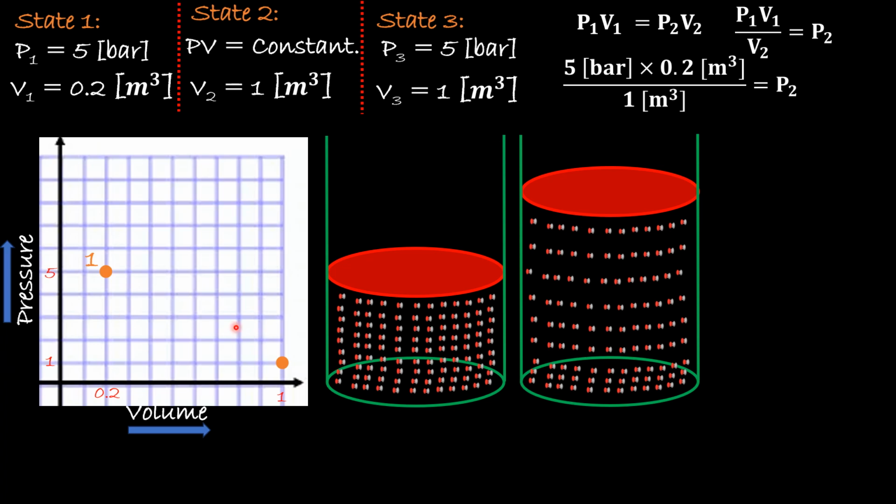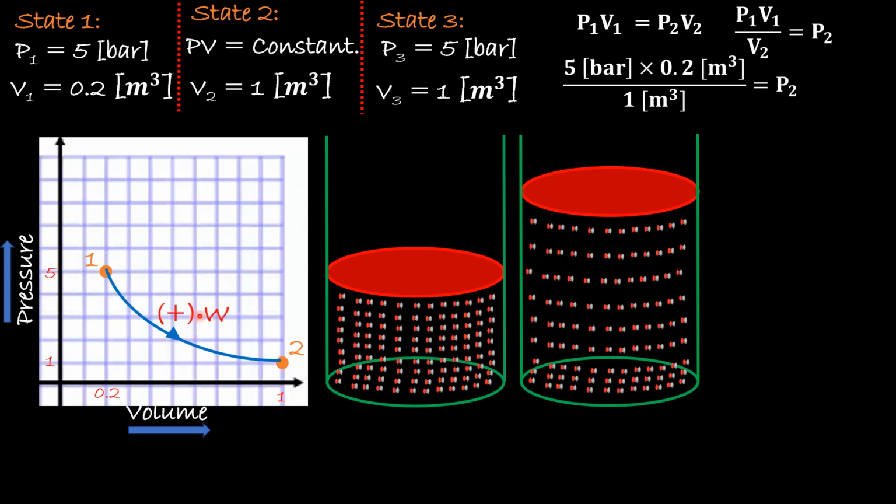So that gives us that pressure 2 is 1 bar and the volume is 1 meter cube. So that will be our state 2. And it will be curved like this and it goes to the right. So that tells us we're going to have positive work.